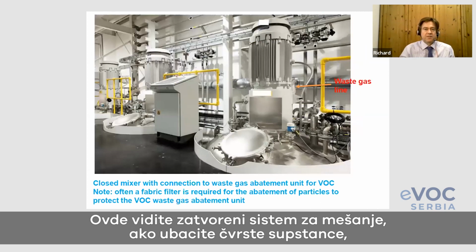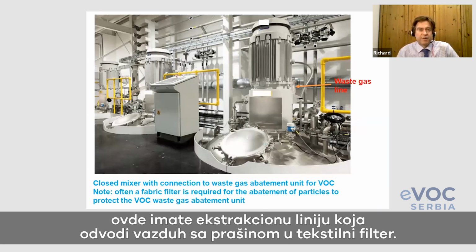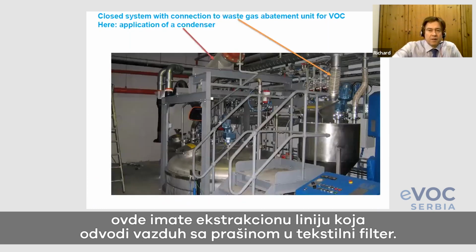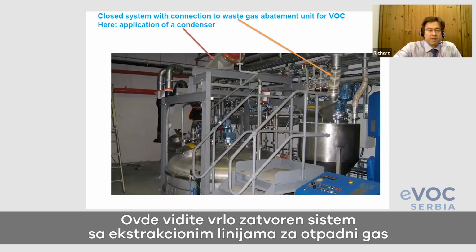So here, as you can see, that is this closed mixing system. And if you put in solids, you have an extraction line that feeds the extracted dust-containing air to a fabric filter. Here you see, yes, a very closed system too, with extraction lines to a waste gas line.